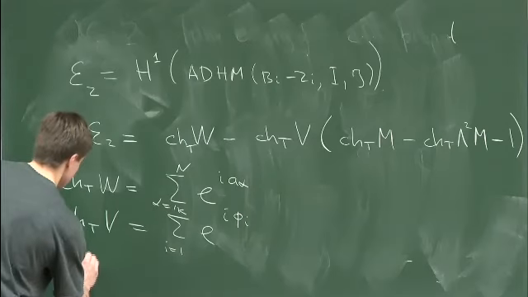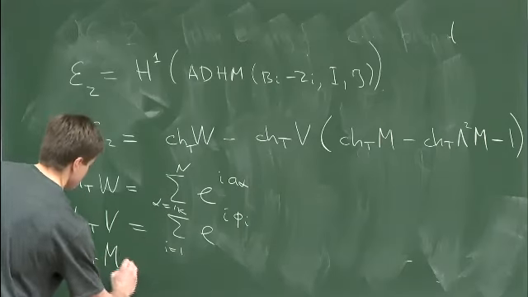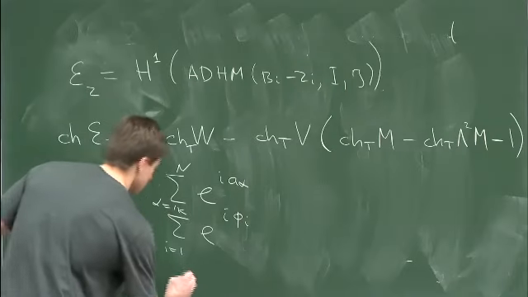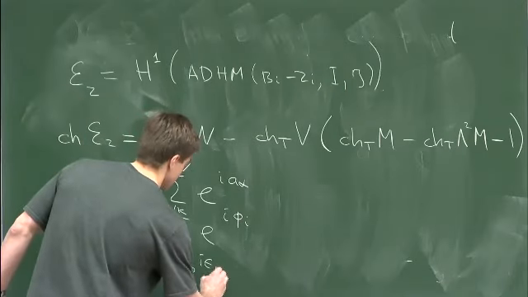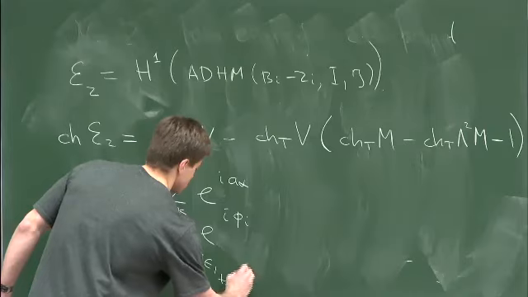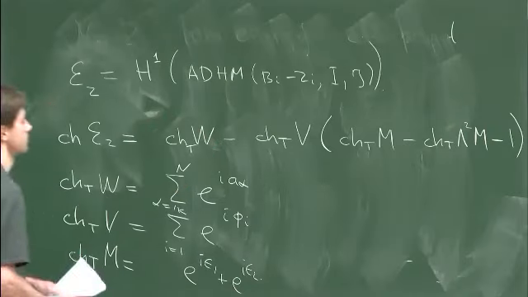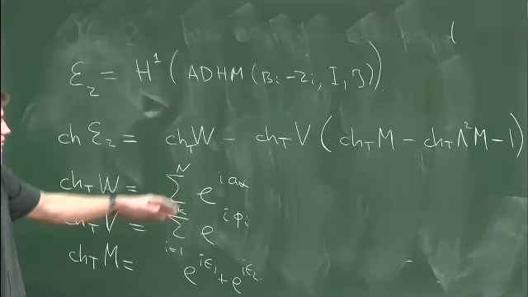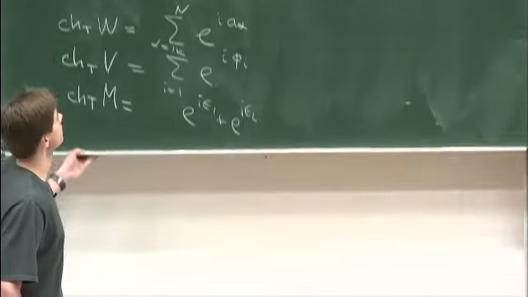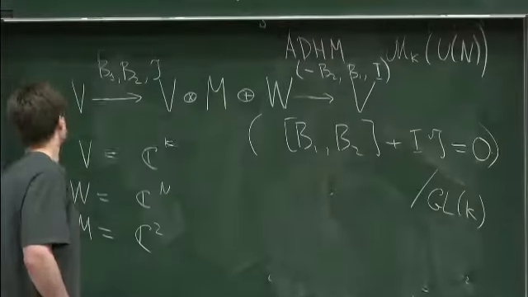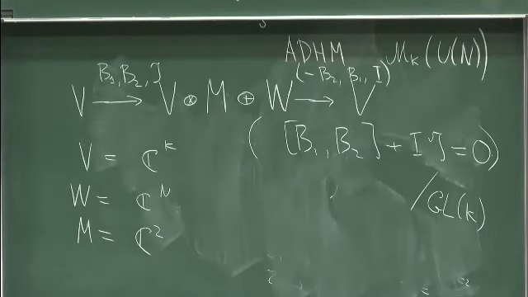And ch_t of M, of the space-time, is just the sum of two exponentials of i epsilon_1 plus exponential of i epsilon_2. Okay? So this is a concrete expression in terms of those exponentials, and that's almost enough to actually write down what the Euler characters are.